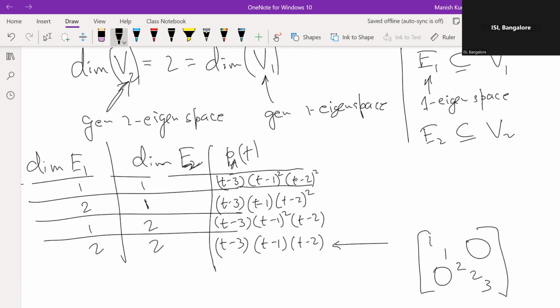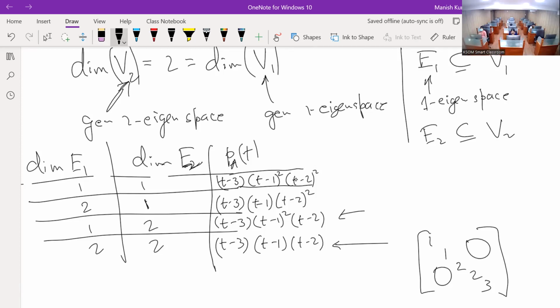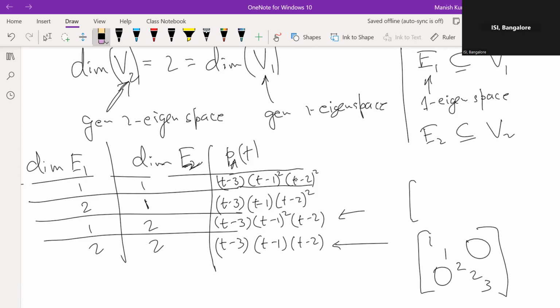Yeah. How about in this one? How will the Jordan form look like? So in the second last one we are doing, there is only one 3 block. What about the 1 block?